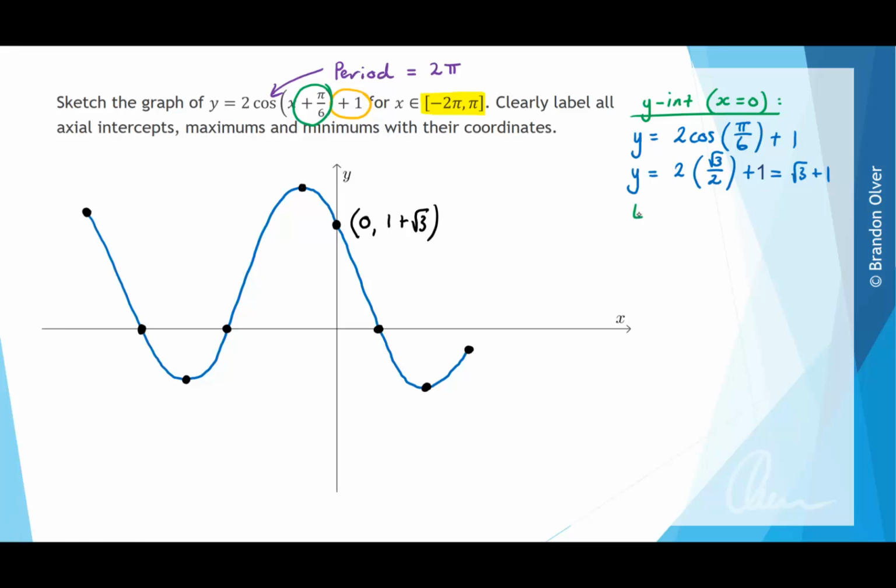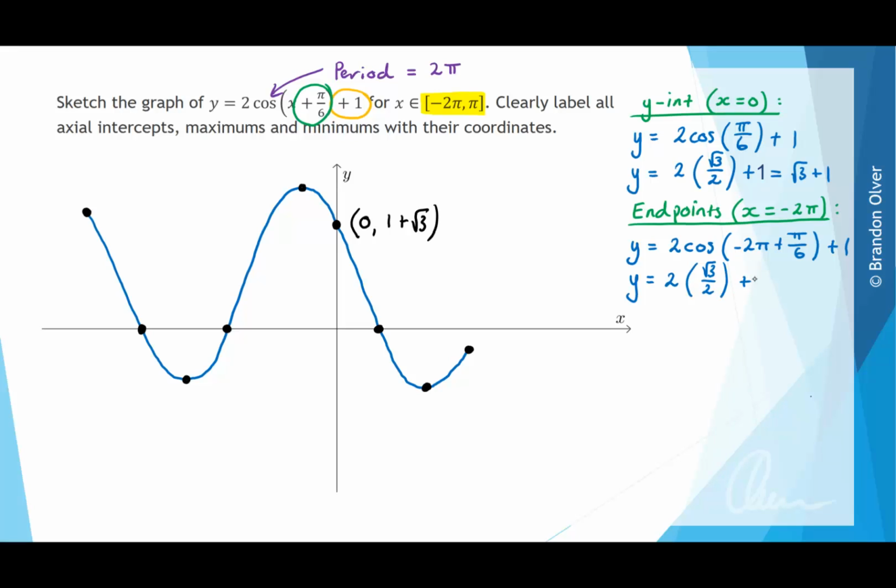Next, we're going to find the endpoints. And the first one we're going to find is x is equal to minus 2 pi. So substituting x is minus 2 pi into the rule, we'll have y is equal to 2 times cos of (minus 2 pi plus pi on 6), and then plus 1. And now y is equal to 2 times cos, and minus 2 pi plus pi on 6 gives root 3 on 2 once again, plus 1.